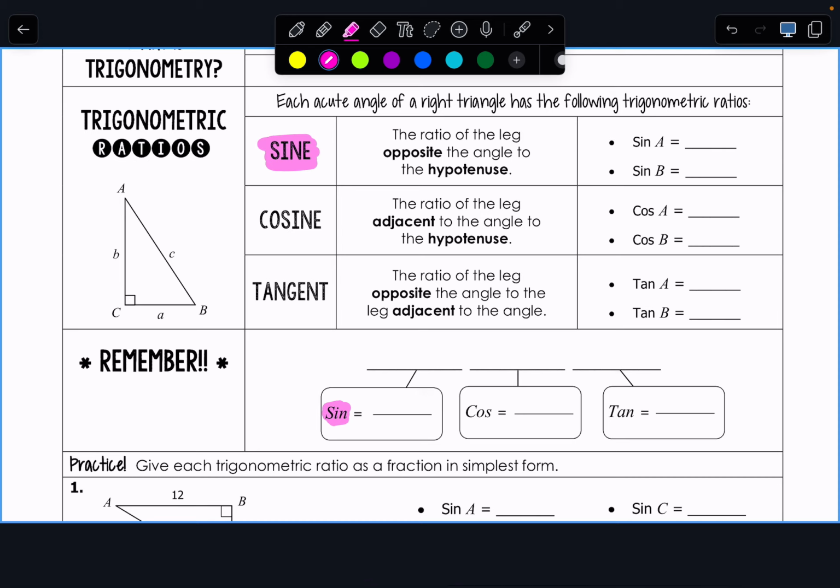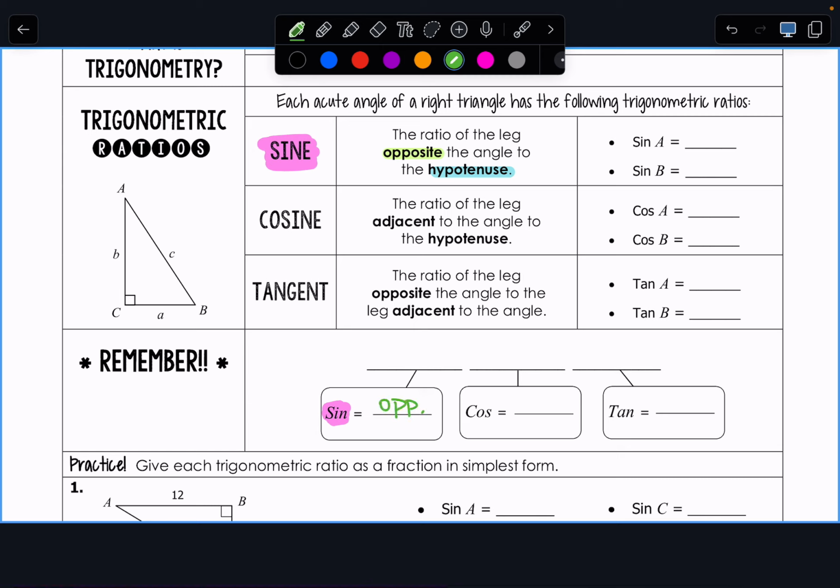The sine is opposite over hypotenuse. So what I want you to write down here is that we are going to take the opposite side over the hypotenuse for our ratio. Opposite over hypotenuse is our sine ratio.